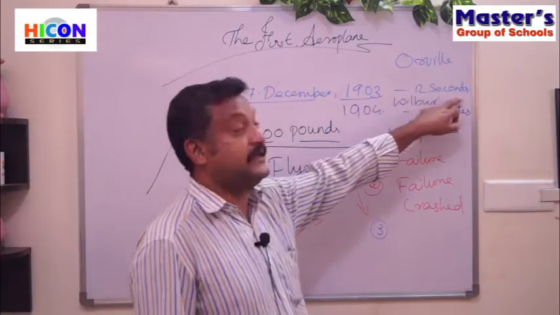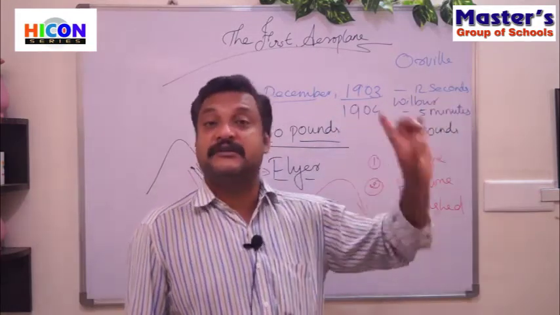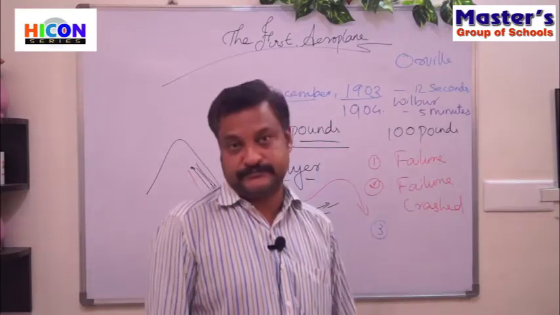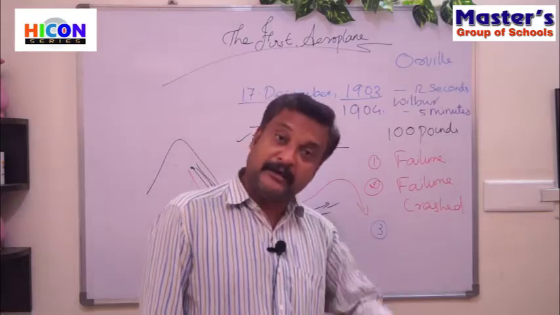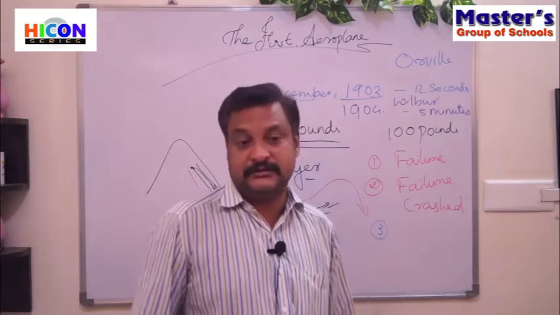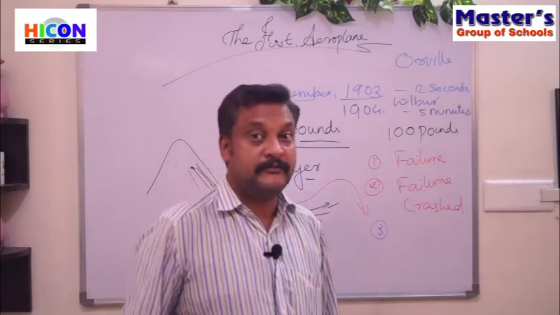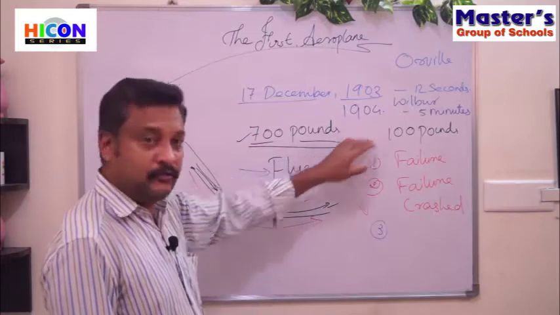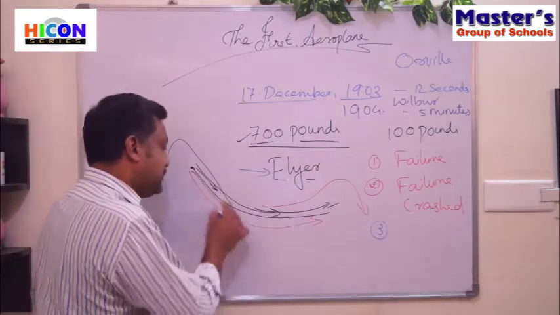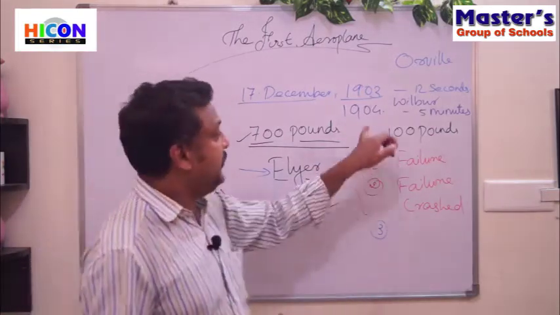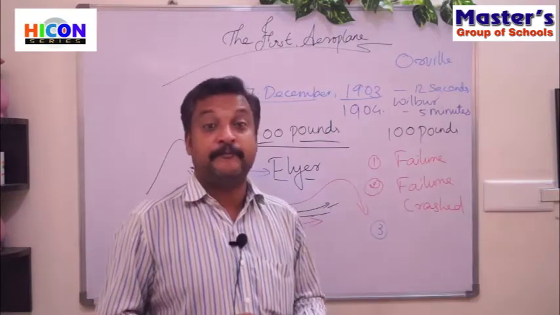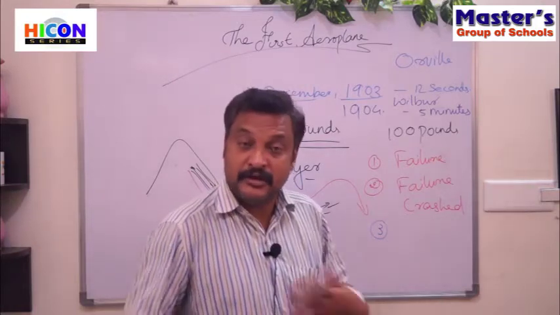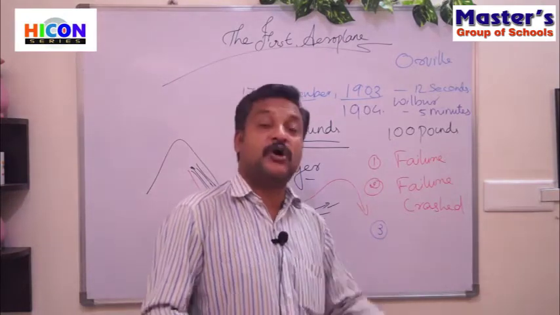It lasted 12 seconds. That was the first successful ever flight on this world. They brought it back, improved it further, worked on that for another year, and in 1904, with Flyer on the same downhill track, Wilbur Wright flew it for 5 minutes. So they were improving, isn't it? And they didn't stop there.